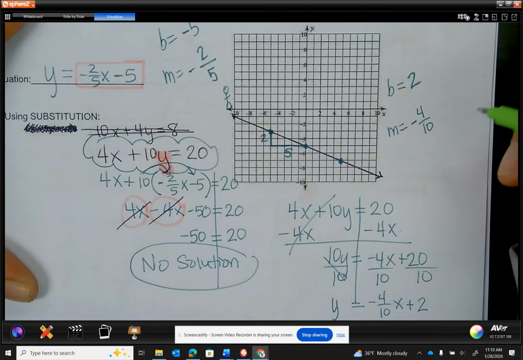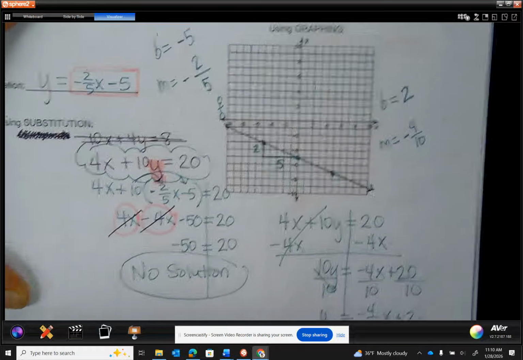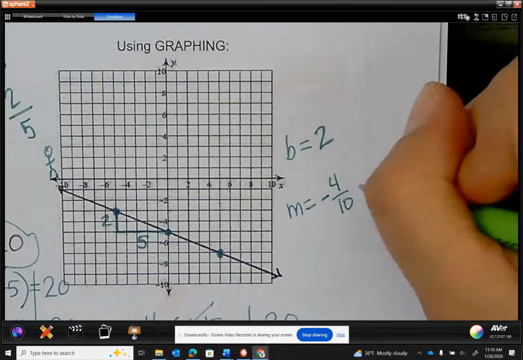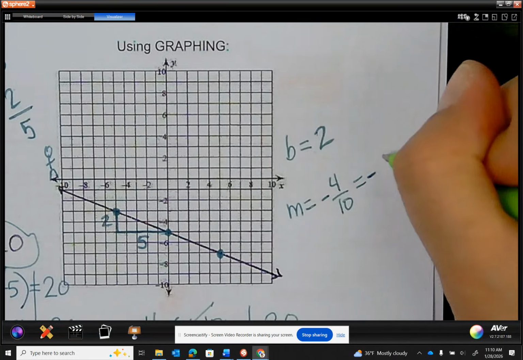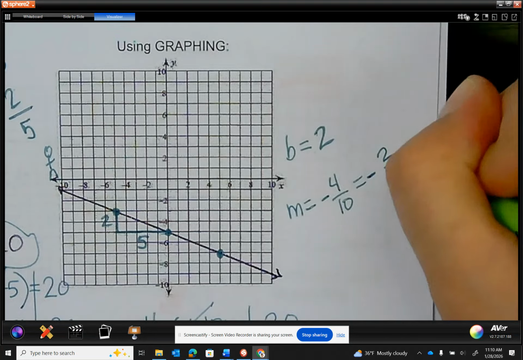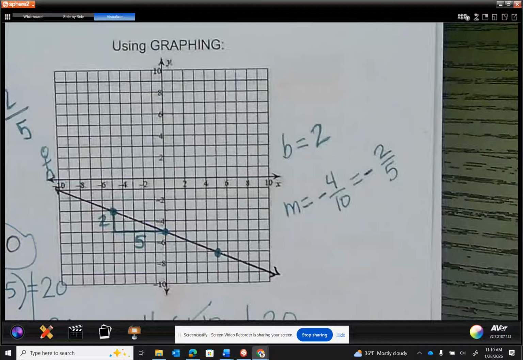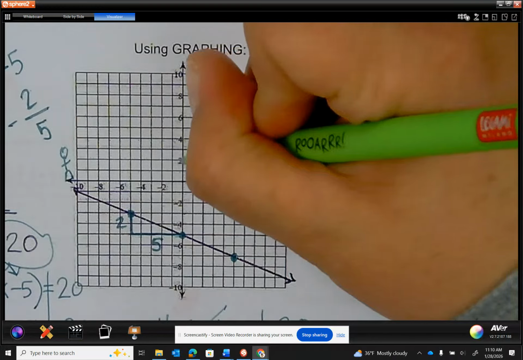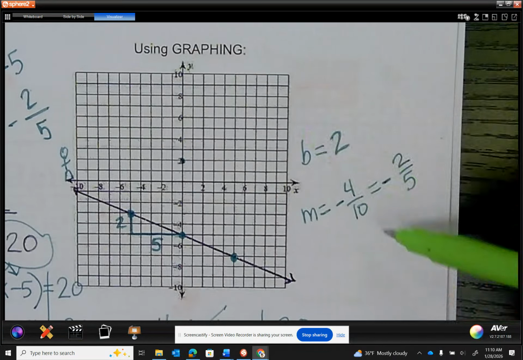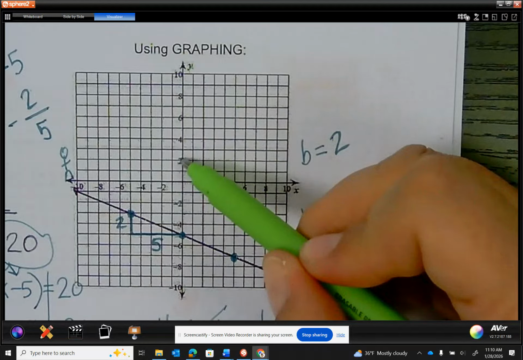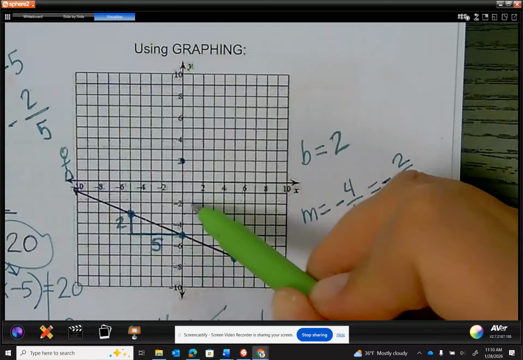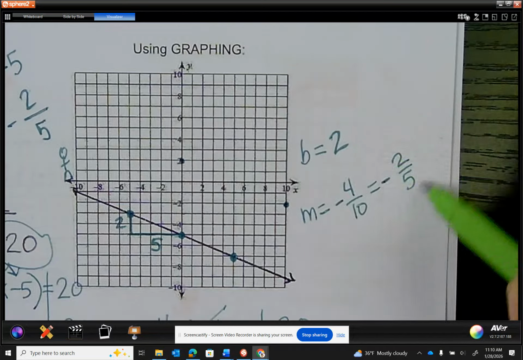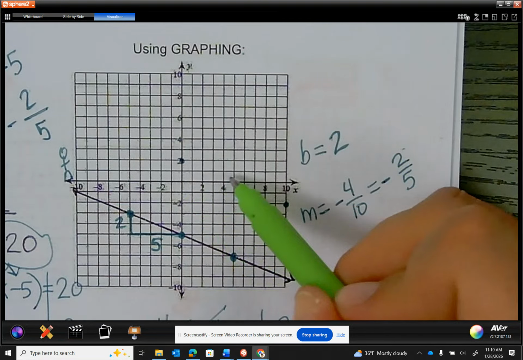I can also reduce this fraction. 4 tenths is also equivalent to 2/5, negative 2/5. I'm going to go to the y-axis. I'm going to start with the y-intercept of those two. I can use this one and go down 4 and to the right 10. Or I can do this one where I go down 2 and to the right 5.